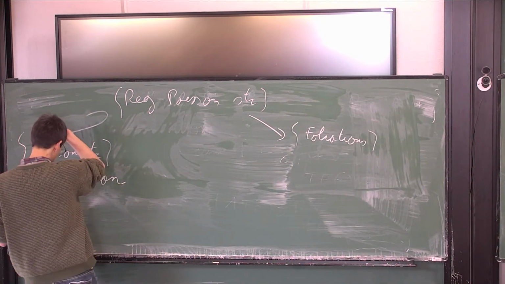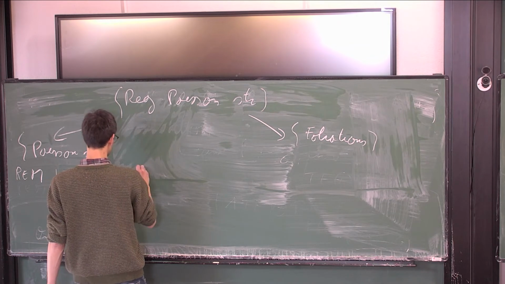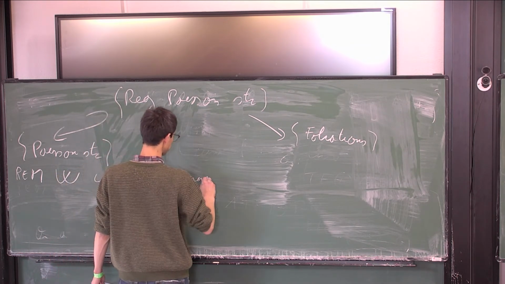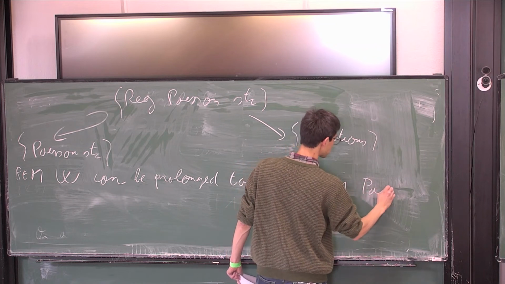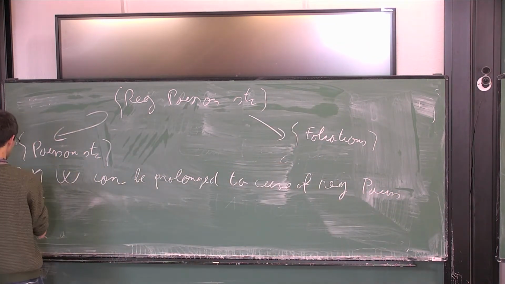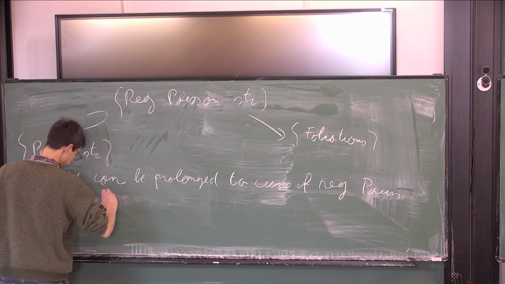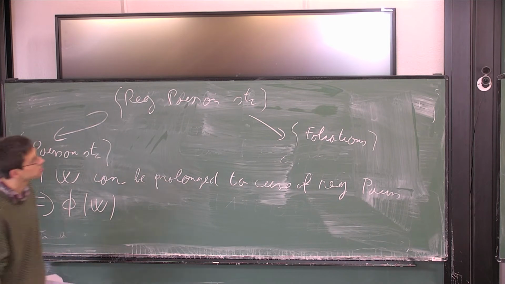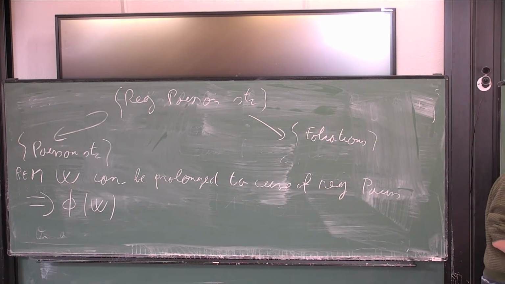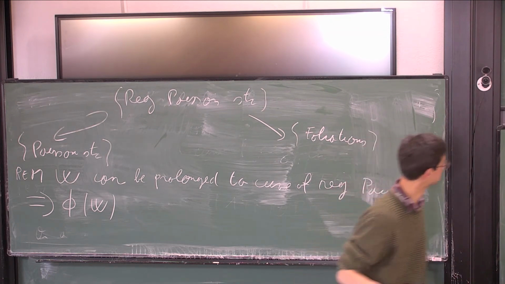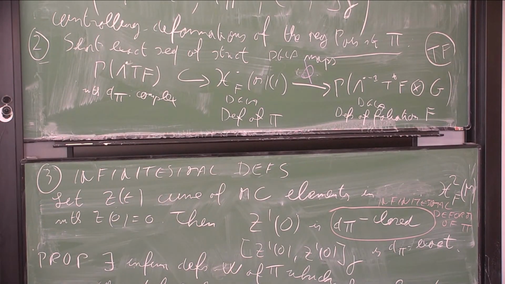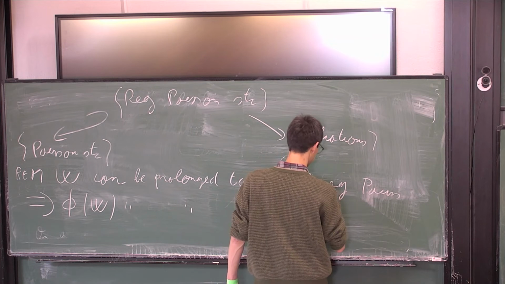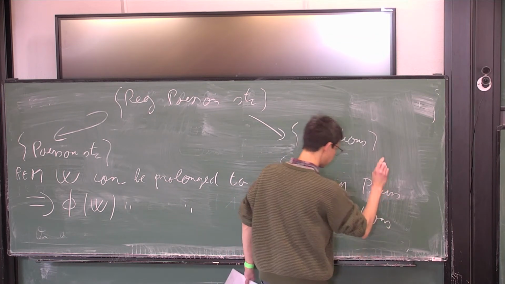If it can be prolonged to a curve of regular Poisson structures, then the corresponding infinitesimal deformation of the foliation, so this map phi is this second surjective strict Dirichlet map, the one that relates to the deformations of foliation, can be prolonged to a curve of foliations, deforming the underlying symplectic foliation.